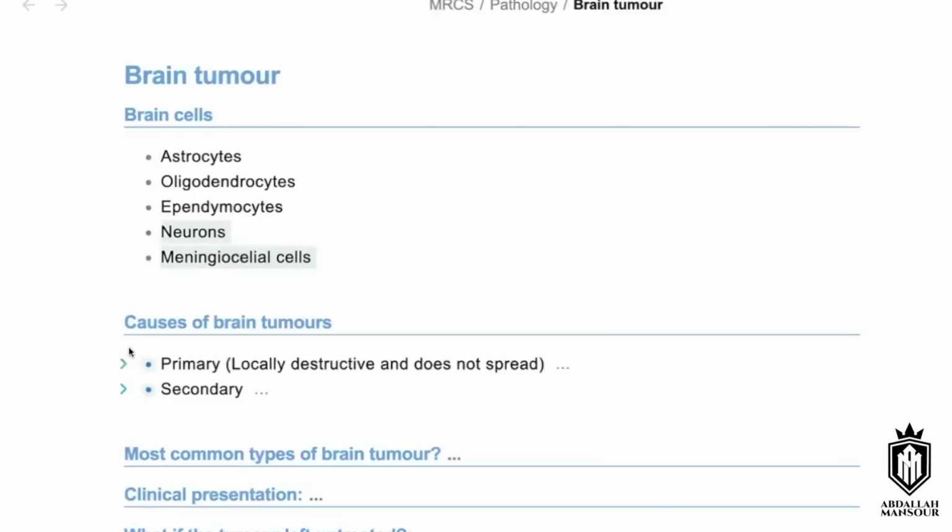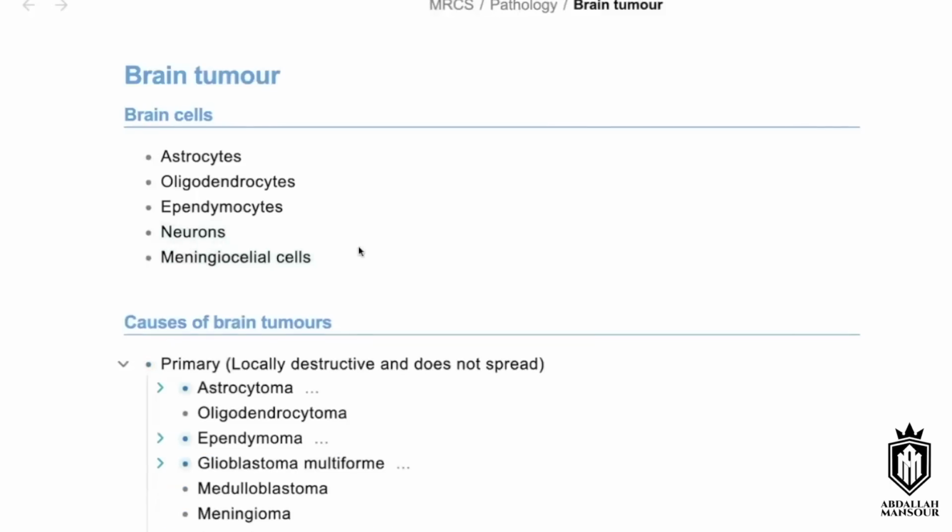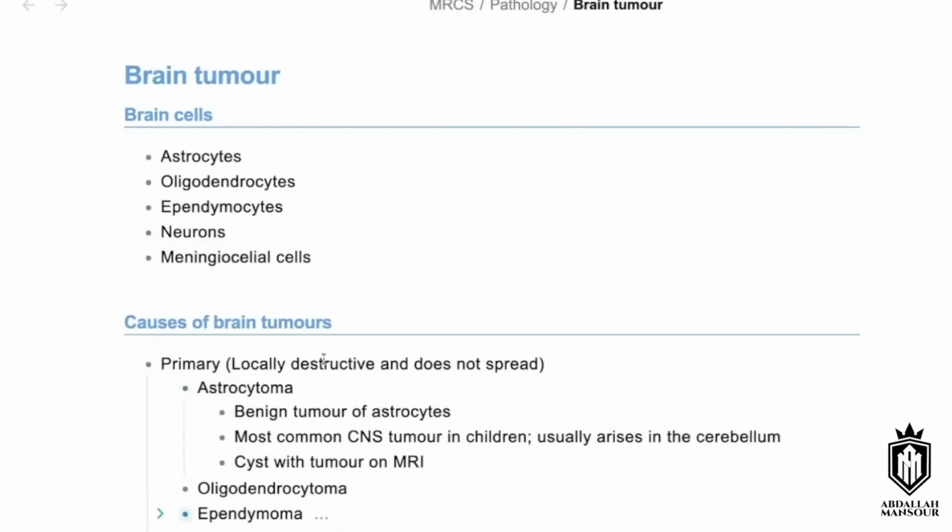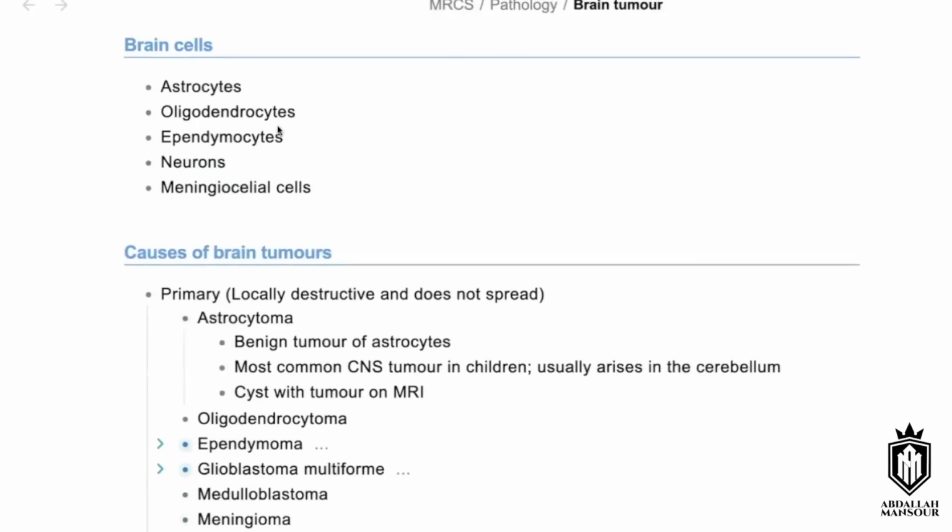You always want to classify tumors into primary and secondary. The primary tumor can come from the astrocytes, and this leads to astrocytoma. Oligodendrocytes can lead to oligodendroglioma.